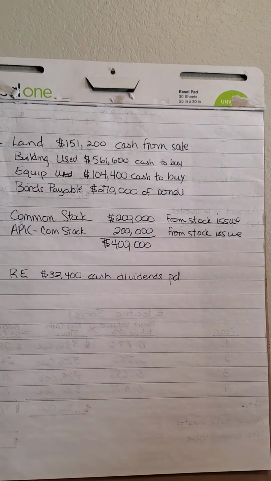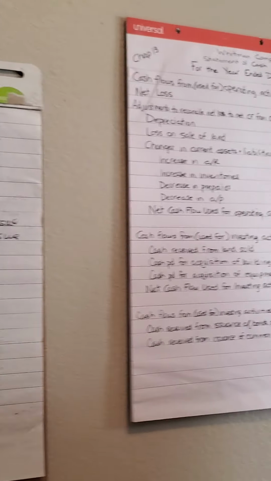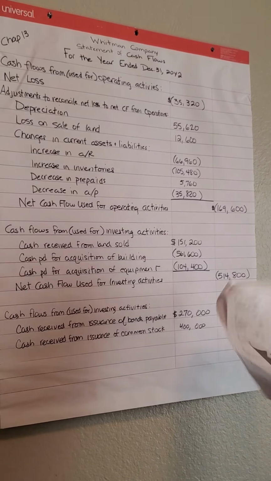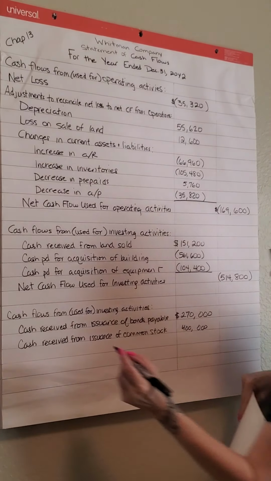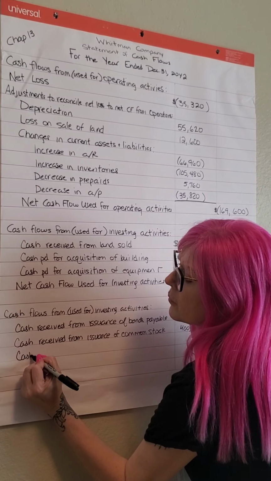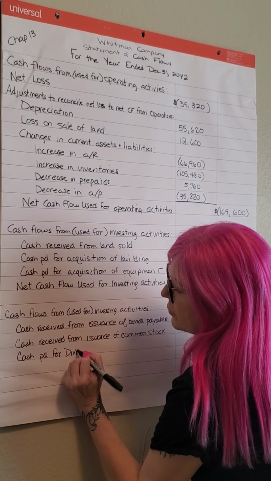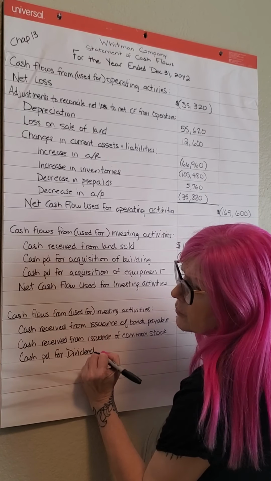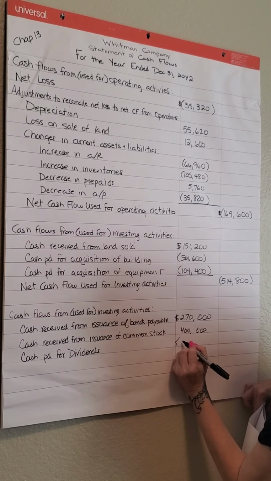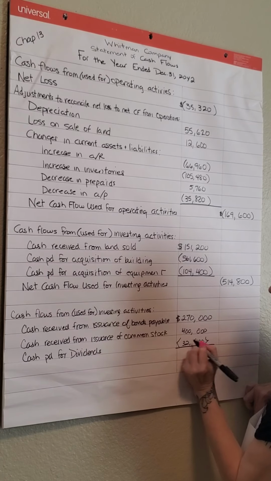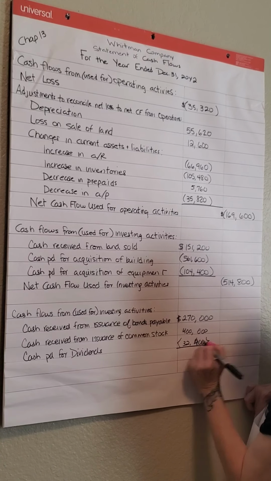Probably not the best move when we have a net loss of $35,320, but regardless, we paid cash for dividends. That amount was $32,400. Sorry, that's a 4. All right.